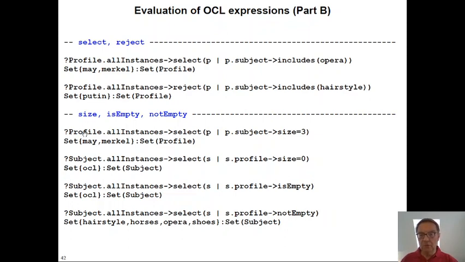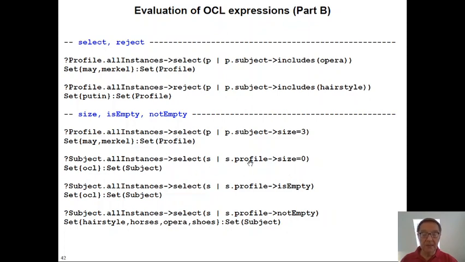We have always started here with the class profile. We can also start on the class subject, and I'm asking: subject all instances, select those where the s.profile has the size 0.